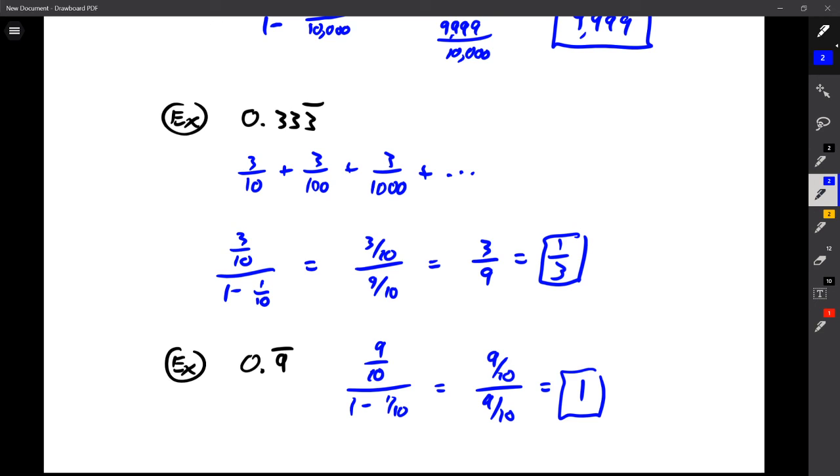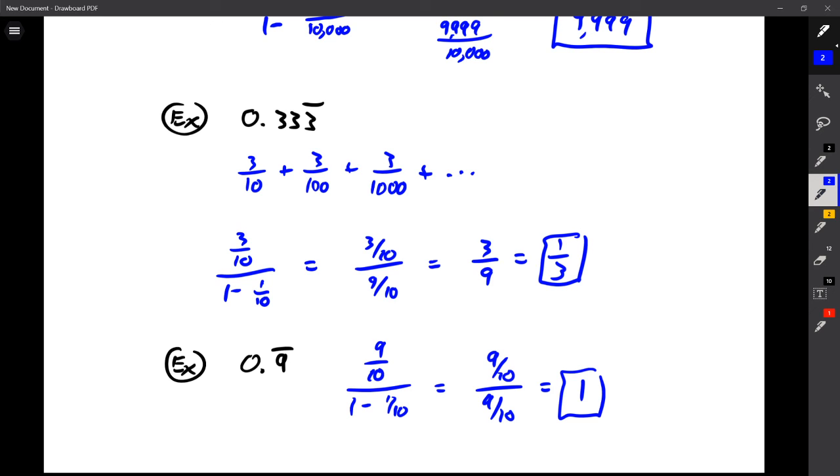Which means you never get to that 1 at the end. So when you do 1 minus 0.9 repeating, the difference between the two, mathematically speaking, is 0, because there are an infinite number of zeros before you get to it. Anyway, so that's that.